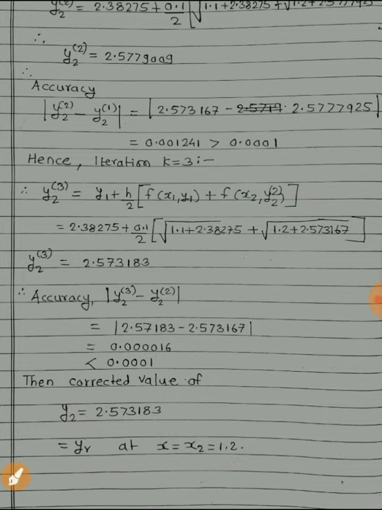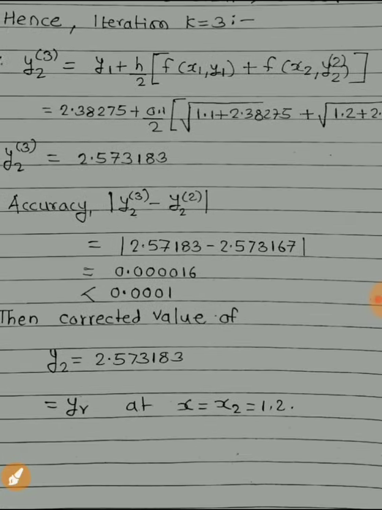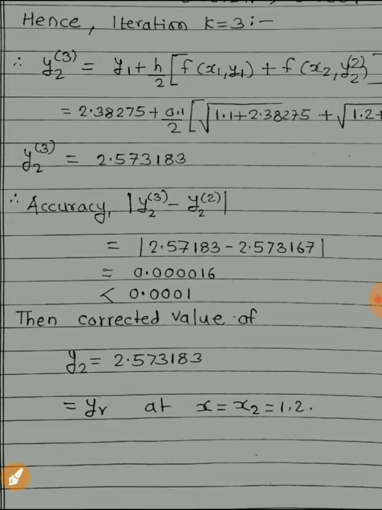Then putting the values of each term, we will get y2 of 3 is equal to 2.573. If we calculate the accuracy here, the accuracy becomes equal to the magnitude of the value of y2 in the third iteration minus the value of y2 in the second iteration.